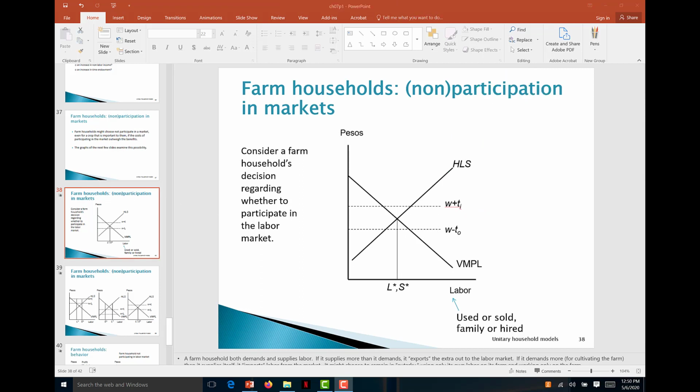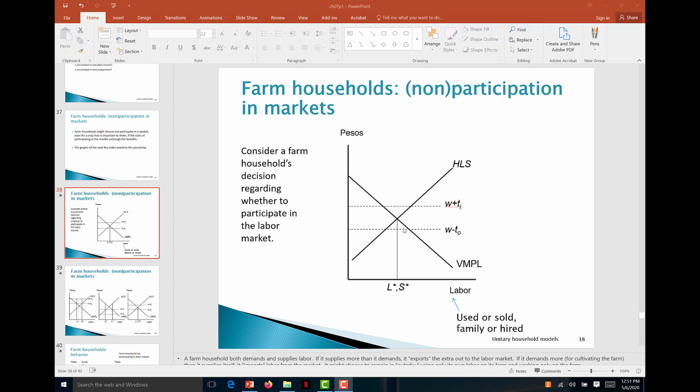In this example, the autarky equilibrium is exactly between TO and TI, which means that for that family, they would choose not to participate in the labor market, because the cost of hiring labor from the labor market is W plus TI, which is higher than the value of marginal productivity of labor. So it's not worth it to hire labor from outside, but also it's not worth it to offer your own labor in the labor market.